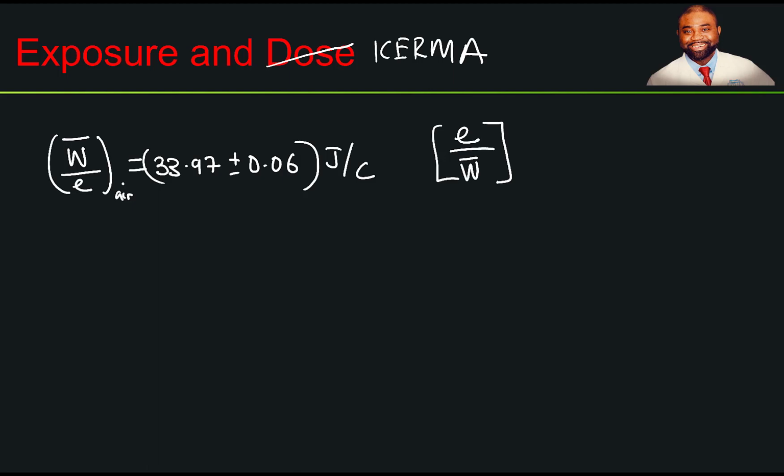W over e is the mean energy expended in the creation of an ion pair in air. e over W is the total ion pairs created per joule of energy deposited in air. It's important that you keep this unique distinction in mind.